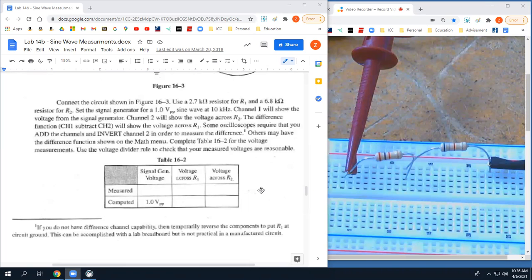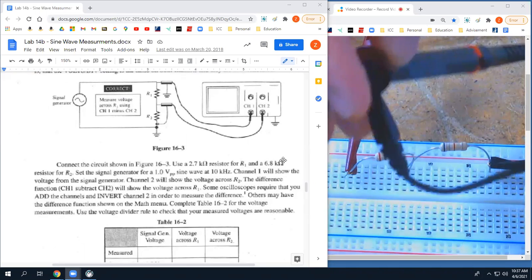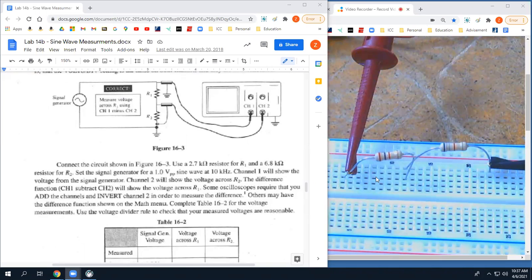Channel 1 will show some stuff. Here's my channel 1. How are we doing? Channel 2 will show the voltage across R2. Okay, so this is my red channel 1 from my scope.